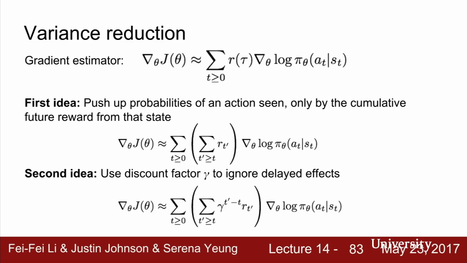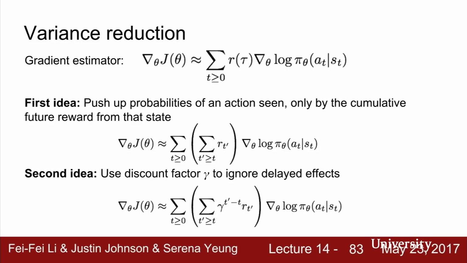Okay, so a second idea that we can also use is a discount factor in order to ignore delayed effects, right? Here we've added back in this discount factor that we've seen before, which tells us how much we care about the rewards that are coming up soon versus rewards that came much later on.